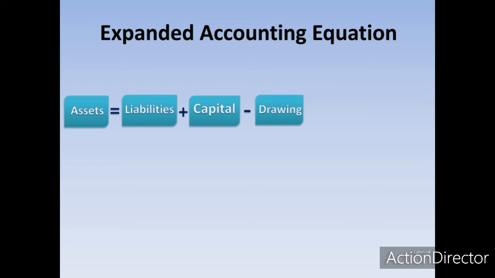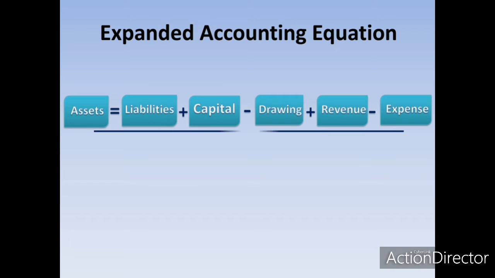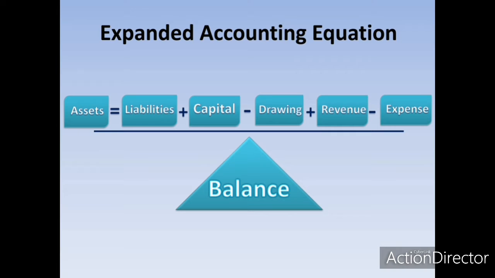This means that the owner of the business withdraws money from the company for his personal use, plus the revenue or the income minus expense. In the same way as the basic accounting equation, these accounts must be balanced.